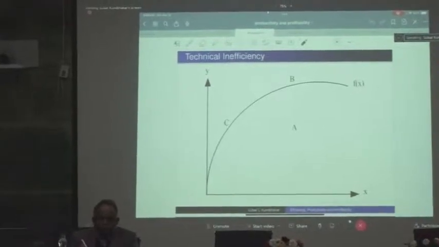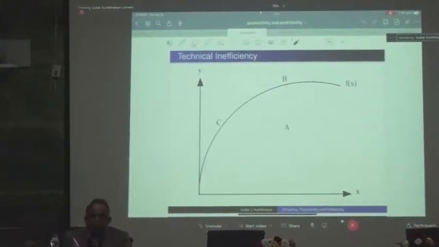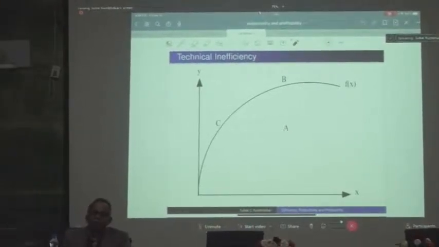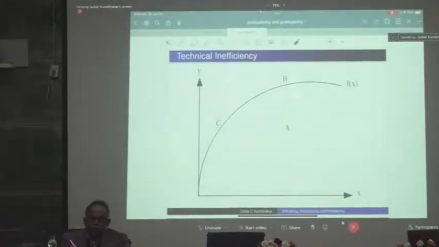There is naturally a gap between what you observe and what the maximum is, or what we sometimes say, the potential. So you have a potential given by the distance all the way to B, but you are actually getting only from here to A. So this AB is what I called output shortfall, and we mentioned that this is a measure of output-oriented inefficiency.